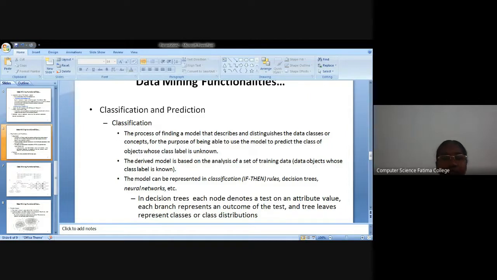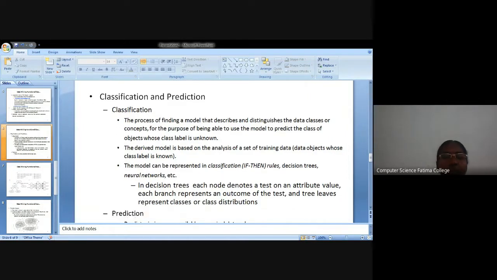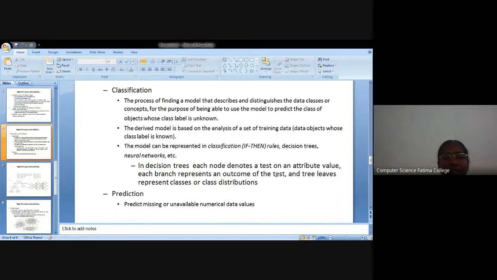After using classification with decision trees, if-then rules, or neural networks, we try to classify the large data set into smaller data sets. That is one way to find patterns. Prediction means predicting missing or unavailable numerical data values.